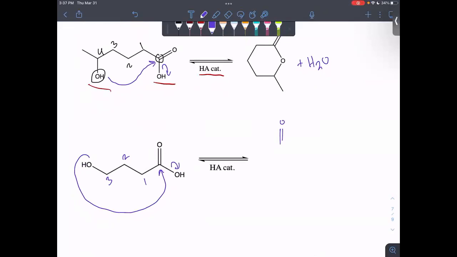There are 3 carbons between the carbonyl carbon and the free OH: 1, 2, 3. Then our oxygen is here, and we just draw in that new bond.